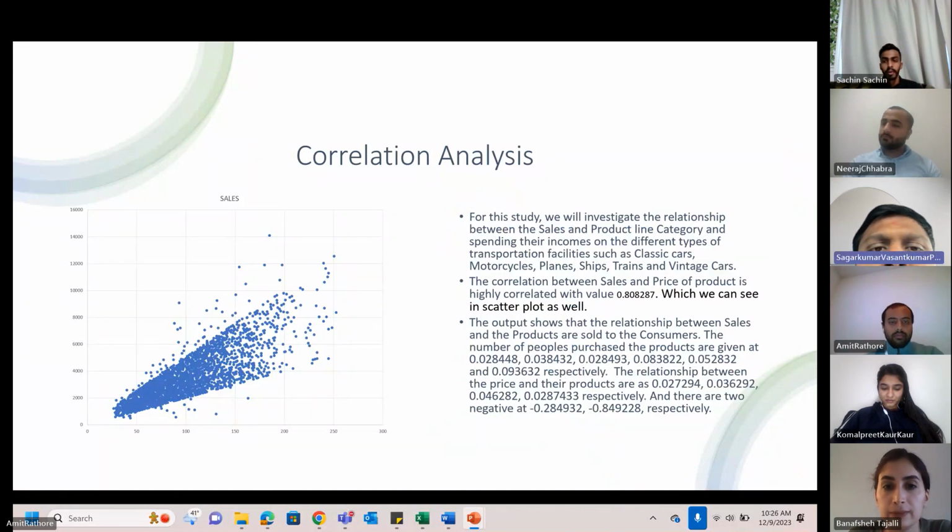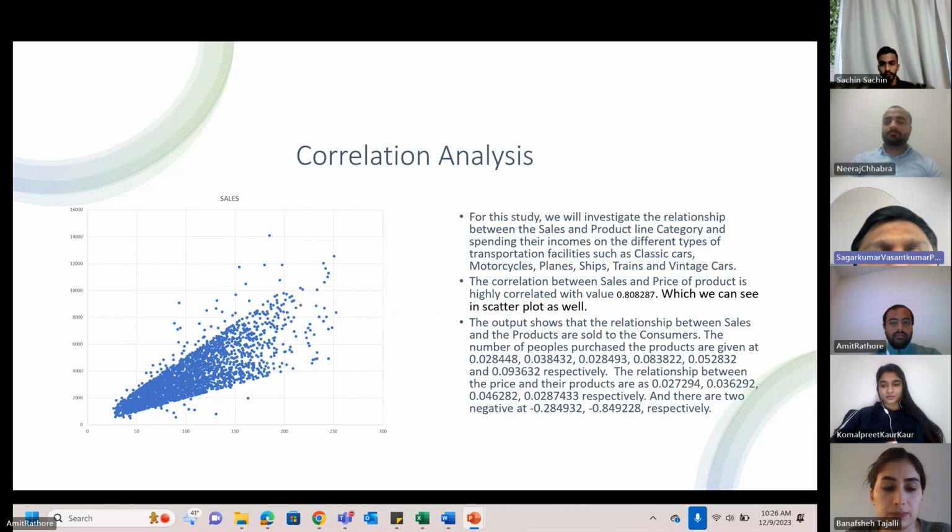Guys, I am explaining the correlation analysis. As per our report and studies, we found the correlation between sales and price. Here in the slide you can see the scatter plot, which shows the relation between car sales and car price.